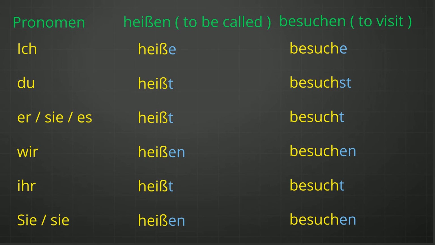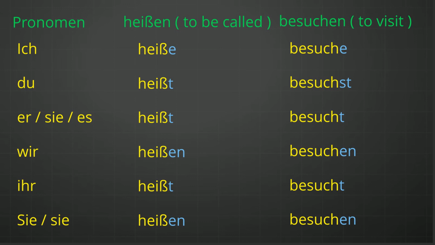Next verb is heißen. Conjugations are ich heiße, du heißt, sie, es heißt, wir heißen, ihr heißt, sie heißen. Next verb is besuchen.